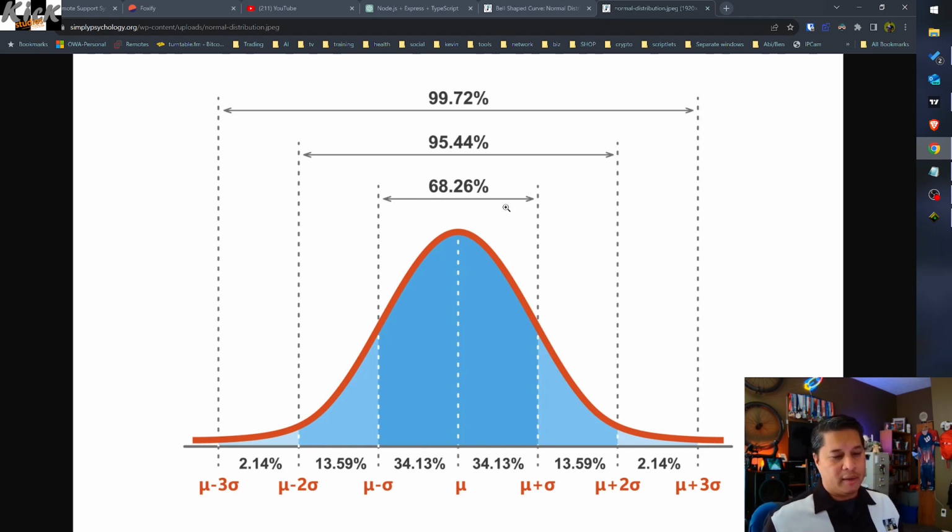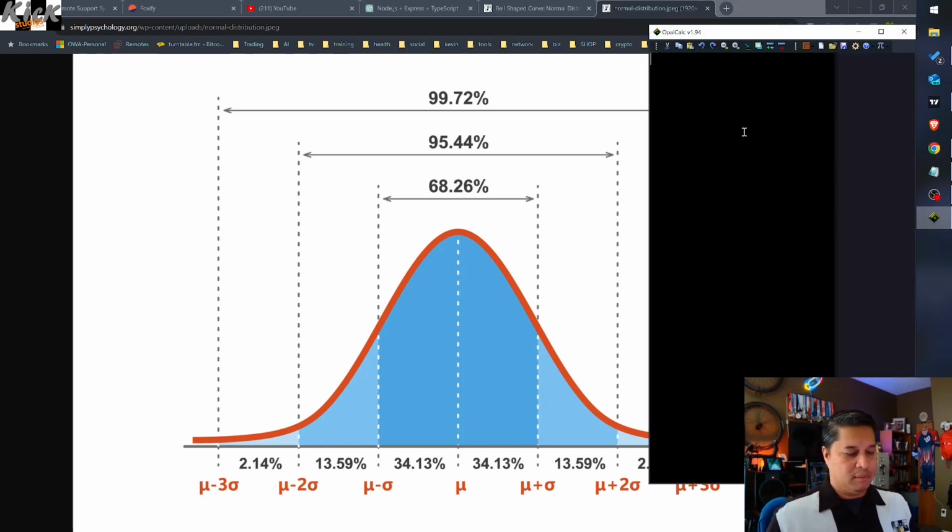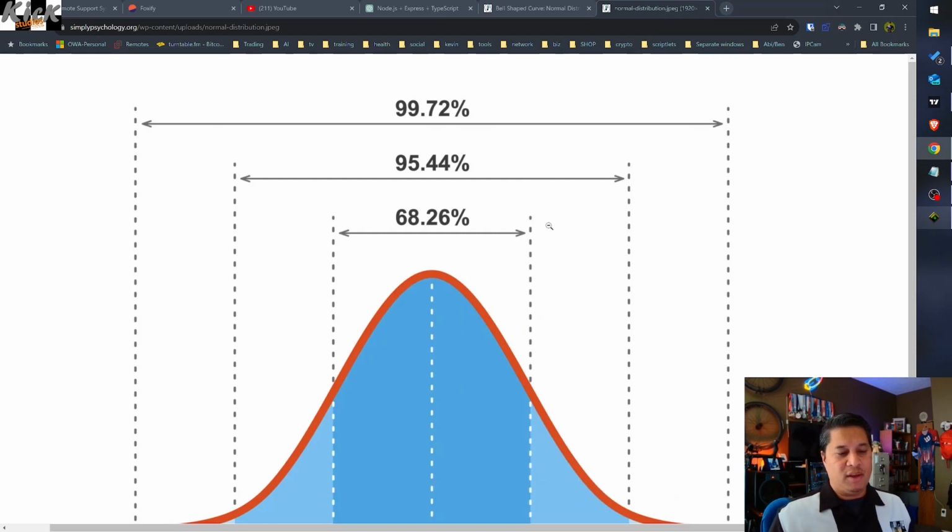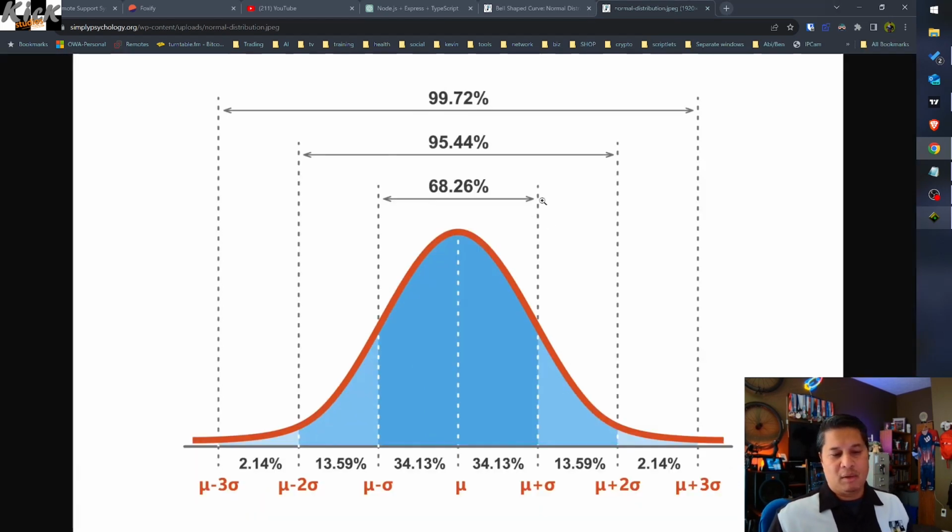Now, if you want to calculate that, let's take 100 minus 68.26 and then divide that by 2. That means that approximately 16% could fall above and 16% could fall below.